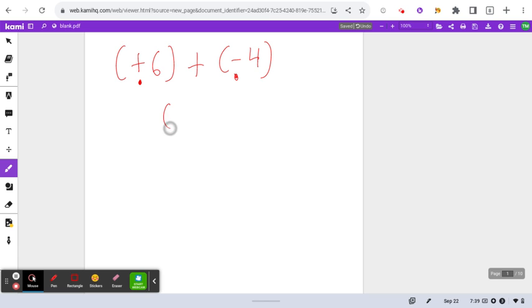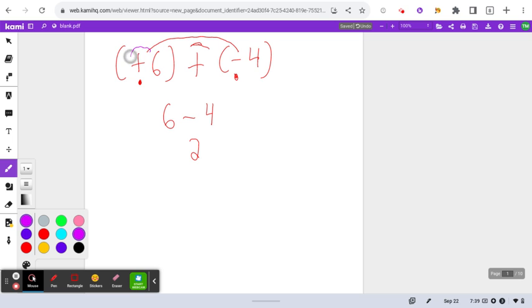So you know you're going to subtract those two numbers because you're combining these together, a positive 6 and a negative 4, you're adding those together. So the signs are opposites, so you would subtract. 6 minus 4 would give you 2. And then you should also know that the sign is going to be positive because the 6 is the bigger number and the 6 is a positive.